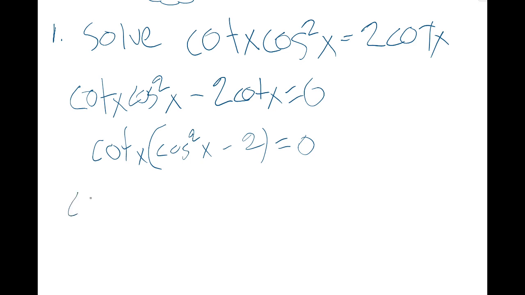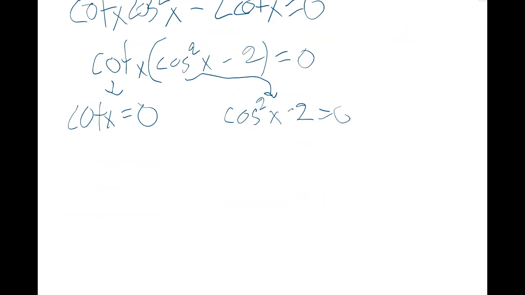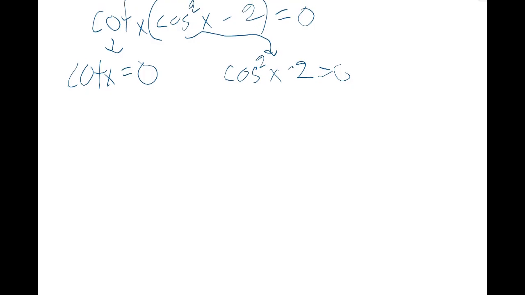So we're solving for both of those. We'll start with this side, where we add the 2 over, and then we just get cosine squared x equals 2, which we know is not possible because cosine does not exceed 1.